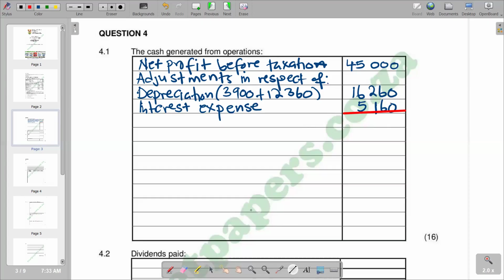So basically, we end there by saying 45,000 plus 16,260. We add again 5,160. Then we get a total. Let's just try to add.